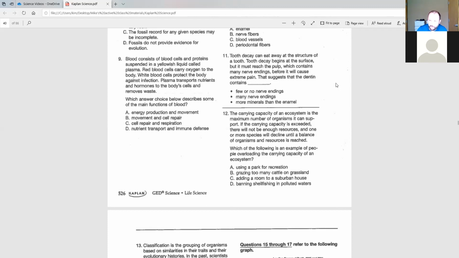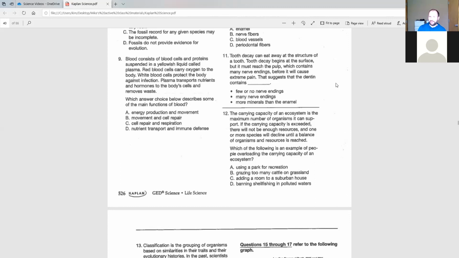We kind of worked our way through this, but the answer is pretty straightforward. A, using a park for recreation doesn't make sense, right? It doesn't apply to overwhelming an ecosystem. Neither does C, adding a room to a suburban house, doesn't fit at all.